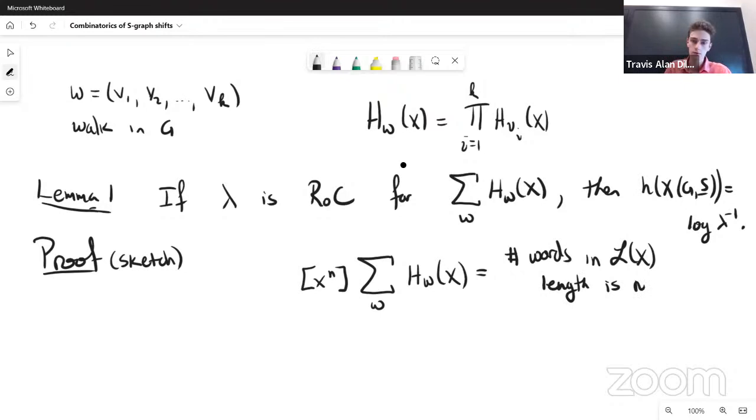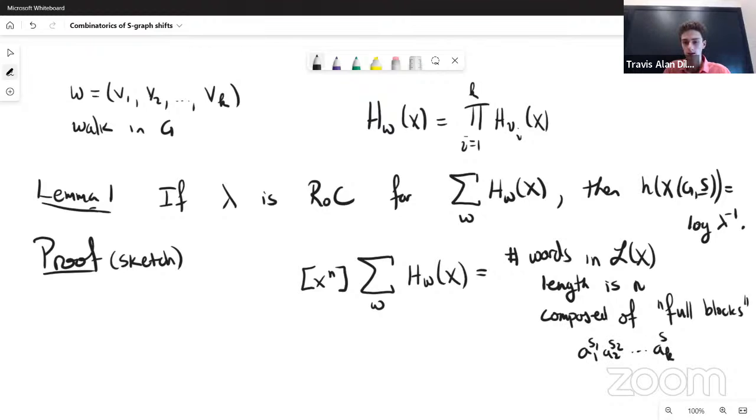And then also it's built out of what I call full blocks, which means that it looks maybe something like A1, S1, A2, S2, up through AK, SK, where SI is in the big set S of AI.